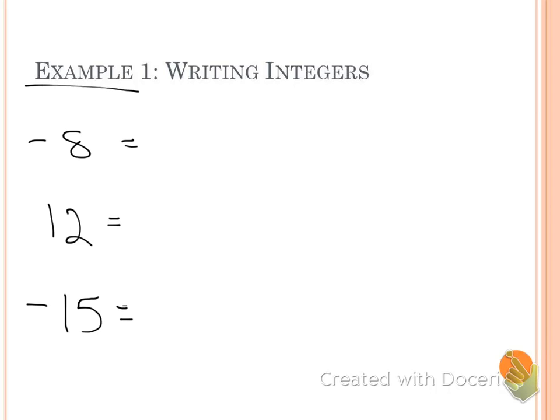I don't have to write a positive sign. Just writing it without a sign, I know that it's positive. In the same respect, if it's negative, you have to make sure you write a negative sign, otherwise you'll get it wrong. So the opposite of positive 12 is negative 12, the same number of units away from 0 on the other side. The opposite of negative 15 would be 15.